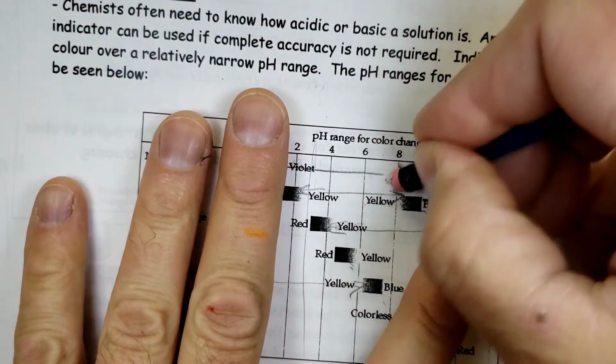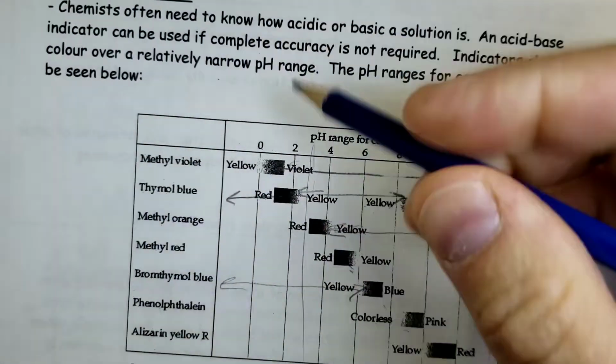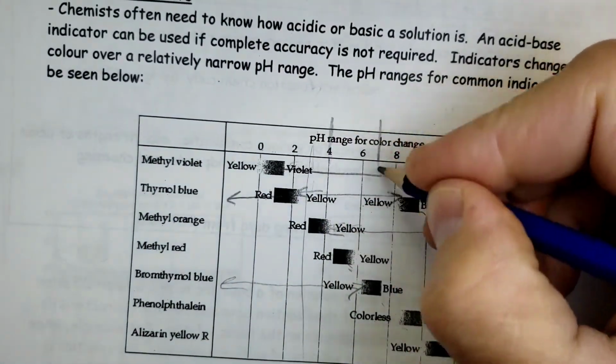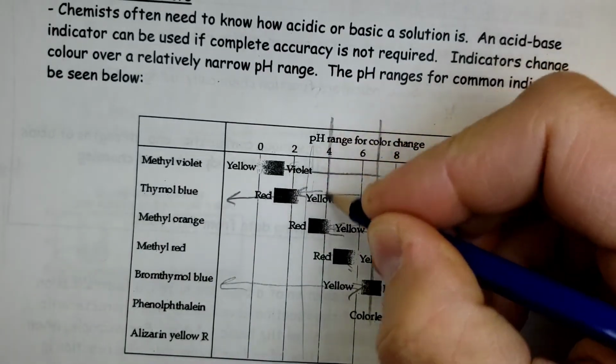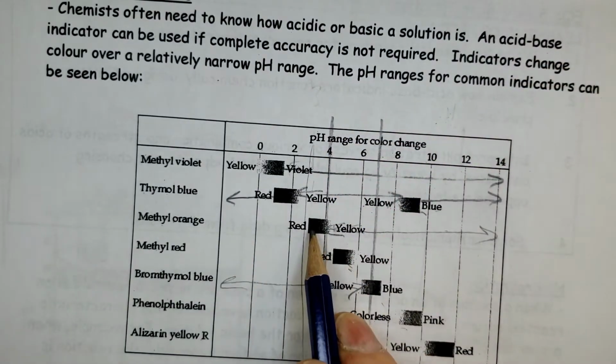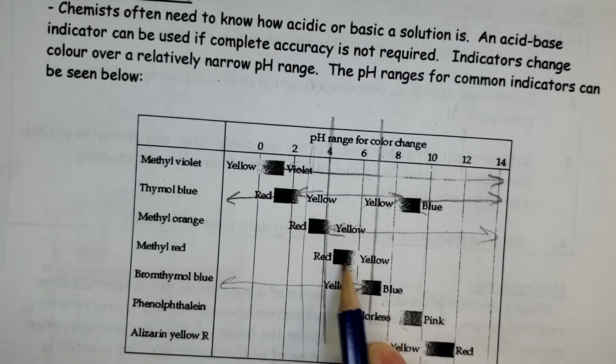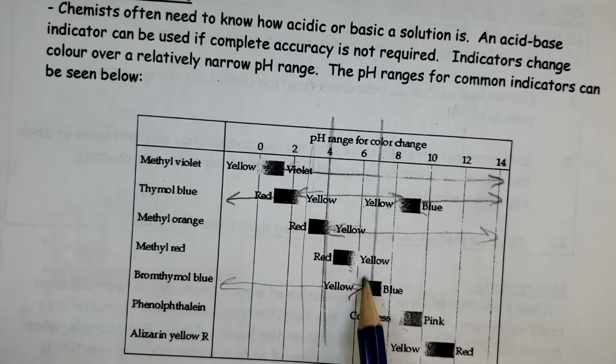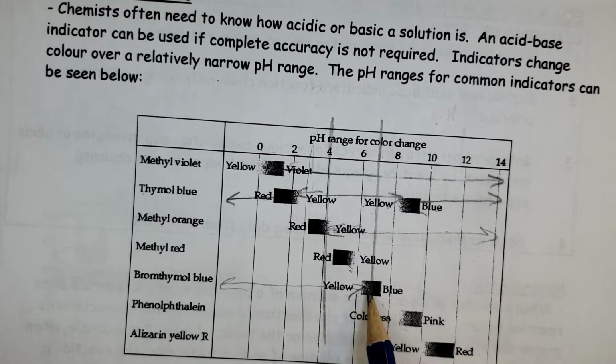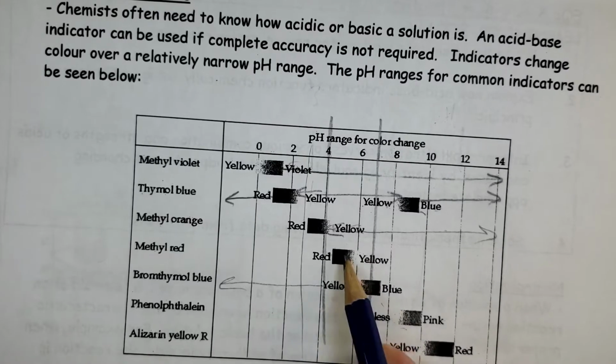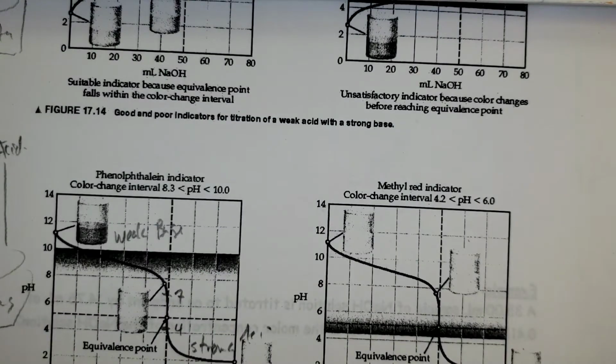So if I'm looking over here, in between 4 and 7-ish. Let's take a look. This one, methyl orange, wouldn't be the greatest. Methyl red is perfect though, because it goes from red to yellow in that range. Bromothymol blue, maybe it would be close, going from yellow to blue in that area. But it looks like methyl red would likely be the best.